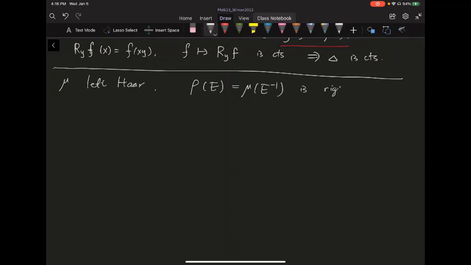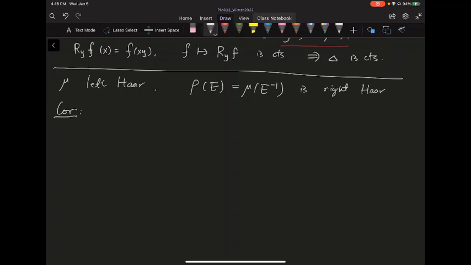We proved this last week. So this is a way to transfer between left and right Haar measures. And it turns out this rho of E can be defined using this modular function. Okay, so let's do the corollary.